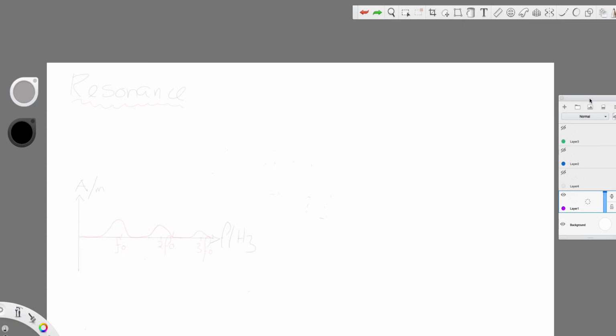Okay, so let's look at resonance now. We've looked at free oscillations, mass on spring, simple pendulum. We've looked at forced oscillations, where a responder is being driven to oscillate at a particular frequency.